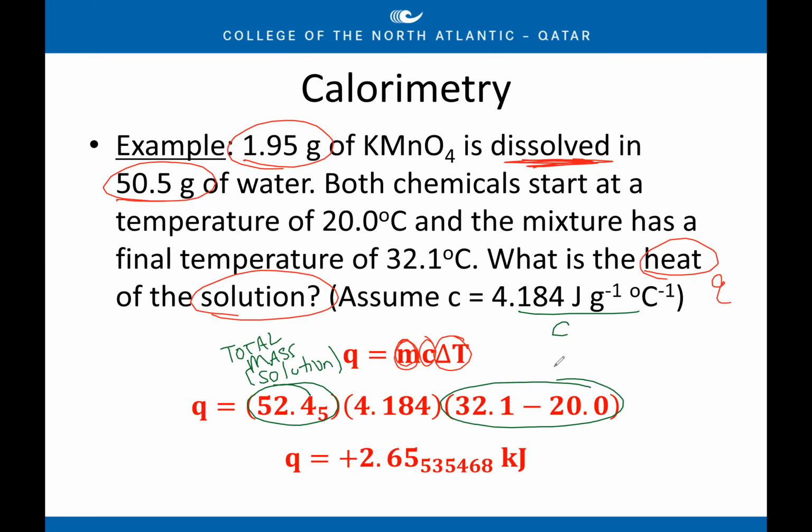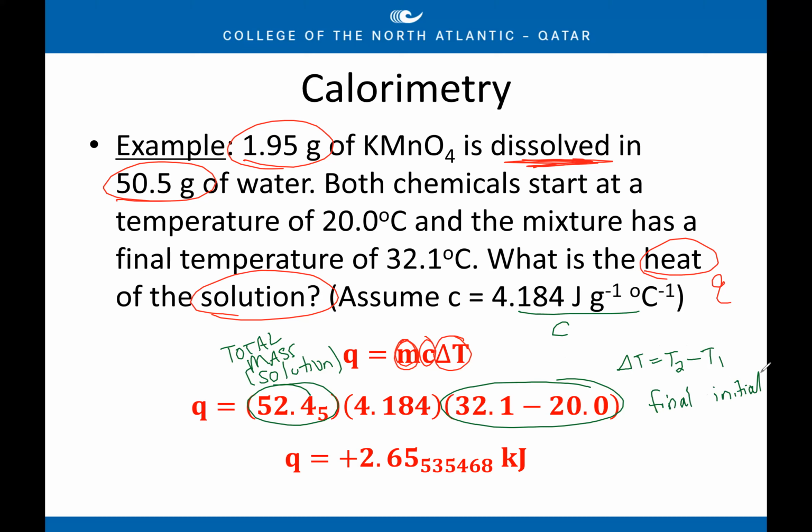Now, this is another place that students can get messed up, which is T2 and which is T1. Remember, delta T is always T2 minus T1, or what we would say the final temperature minus the initial. So what's the final? What's the initial?